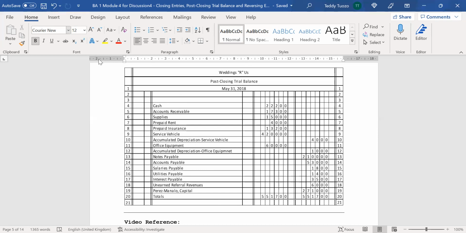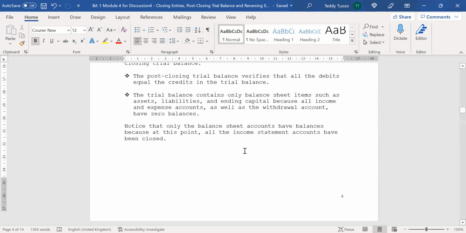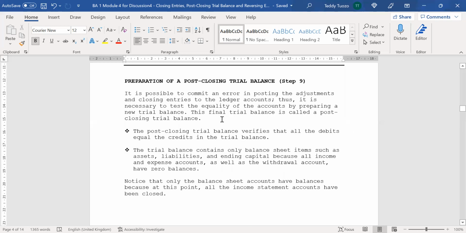Again, the post-closing trial balance is a statement of financial position or a balance sheet in trial balance form. What remains are only assets, liabilities, and capital, which are the elements of the statement of financial position or the balance sheet.